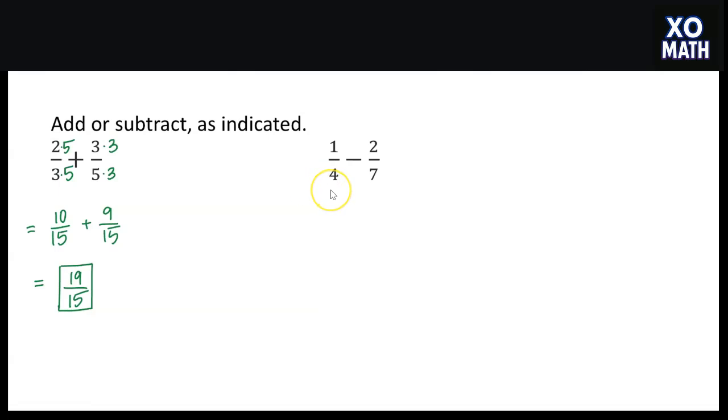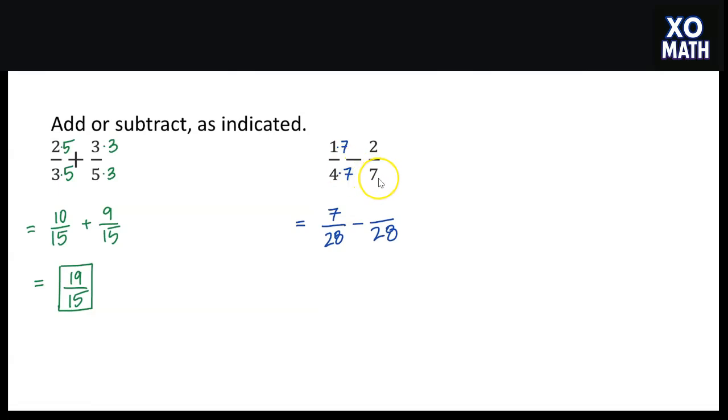In example 2, we have 1/4 minus 2/7. The least common denominator between 4 and 7 is 28. We'll need to rewrite each of our fractions as an equivalent fraction with the denominator of 28. 4 times 7 is 28, so multiplying the numerator on the left by 7, 1 times 7 gives us 7.